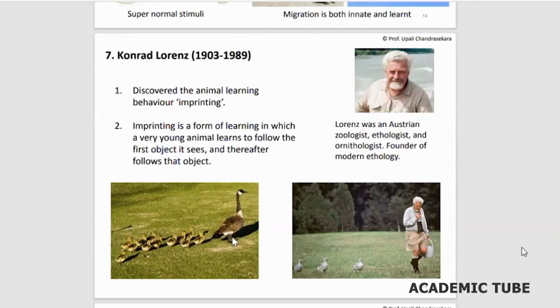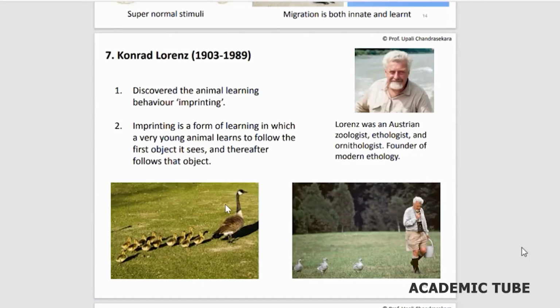He separated the eggs into two batches, two groups. He brought one set of eggs home, put them in an incubator, and looked after them. The other set of eggs was kept with the mother, right?